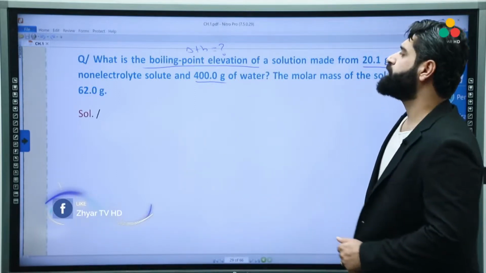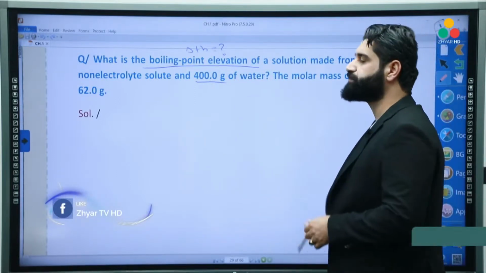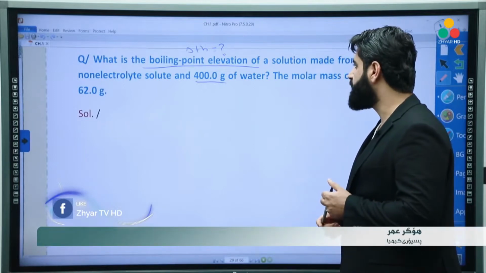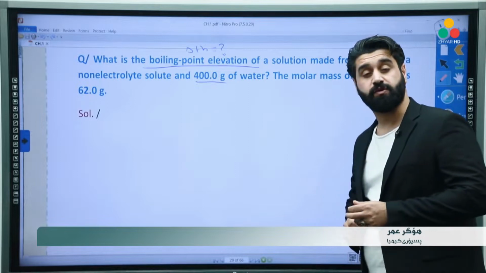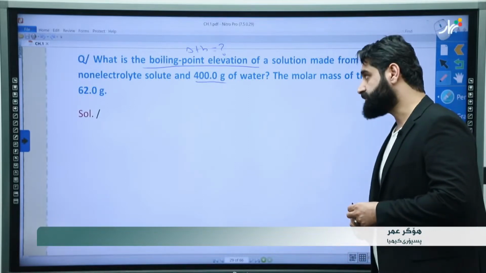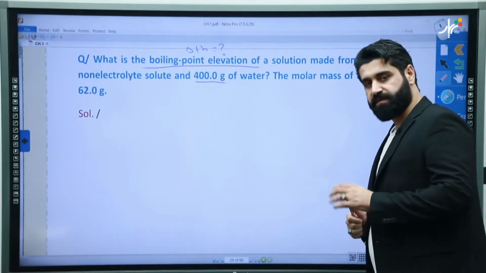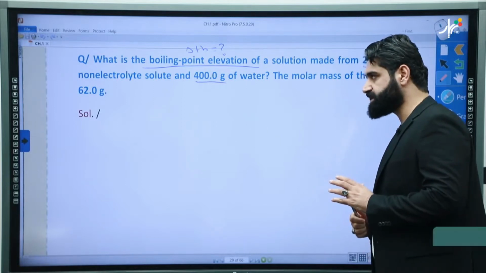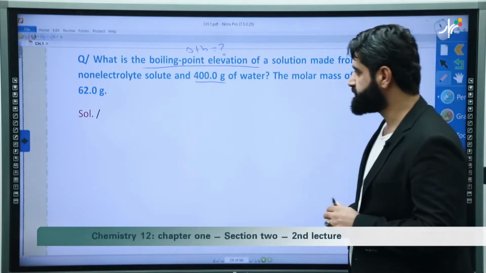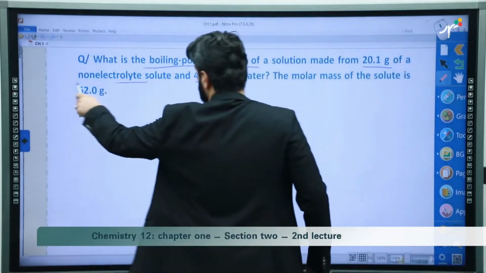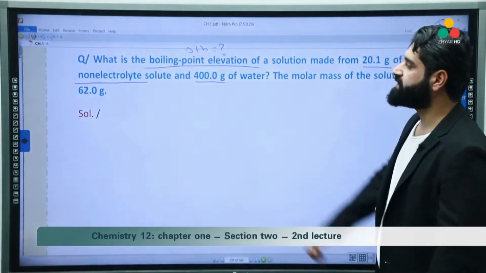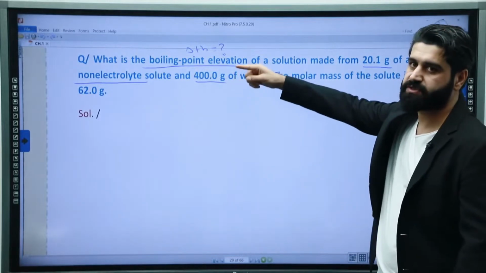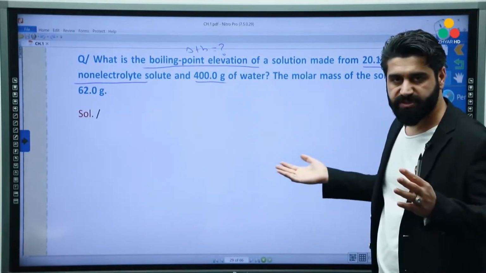Anytime you try to solve any mathematical problems about the boiling point and freezing point, firstly you have to identify the solute and solvent. Actually, dear students, it's one of the most important steps, because here it can change everything.